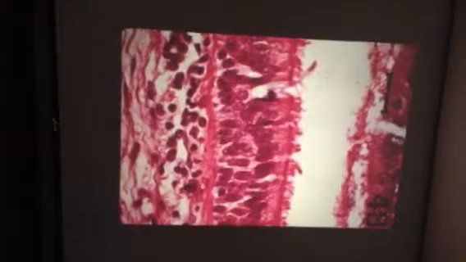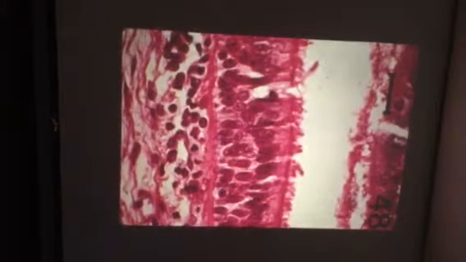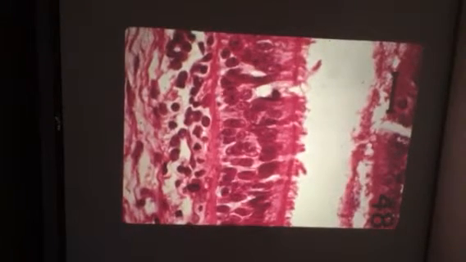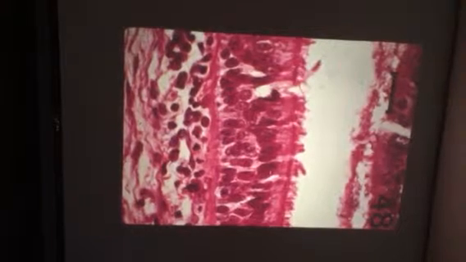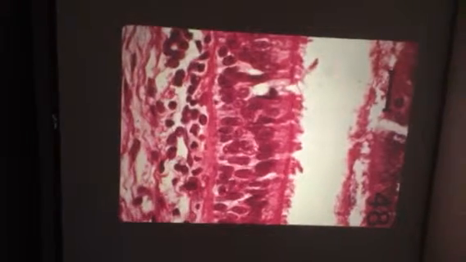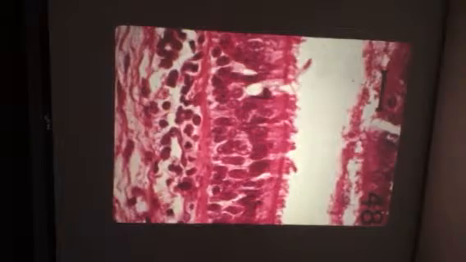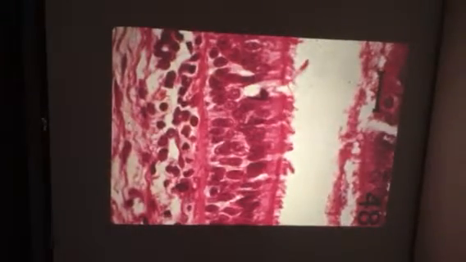There's that basement membrane. This is actually an awful slide. I mean, there's too much shrinkage in here, but because of that shrinkage, we have some of these cells actually pulling away from that basement membrane, and they're pulling away from one another, so you can see those cilia somewhat better. But aesthetically, that's an awful slide.